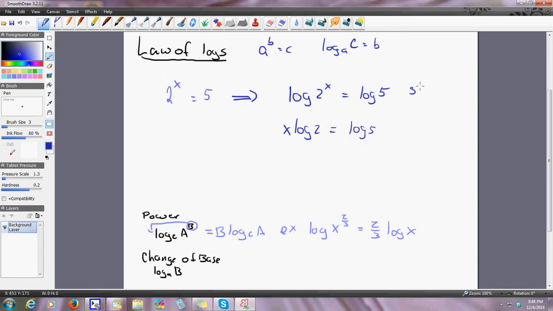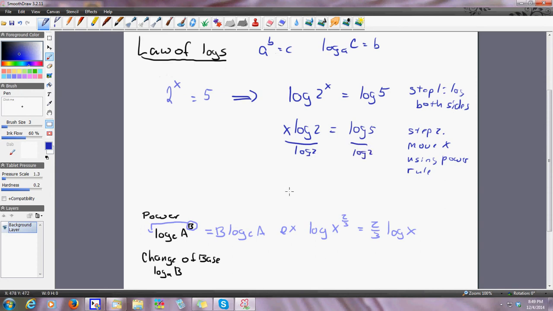So step 1 was log both sides. Step 2, move x using the power rule. And then step 3 is I'm going to divide by log 2.